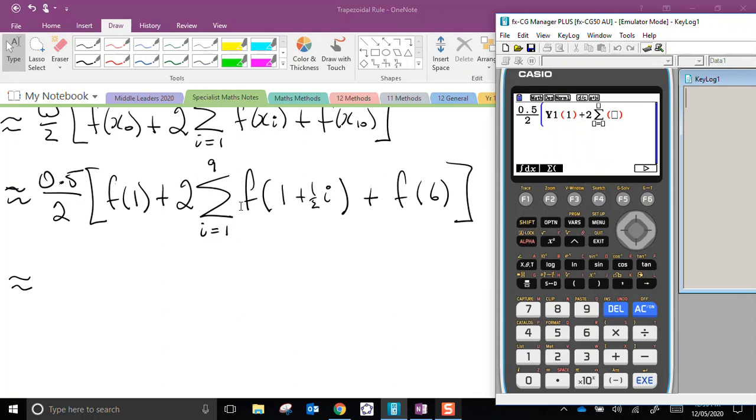Inside here we need an F. Remember on the calculator we use Y1. I'll give myself some little green brackets to work with there, and that's where I'm going to write 1 plus 1/2 i.